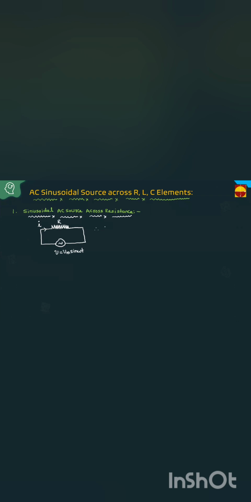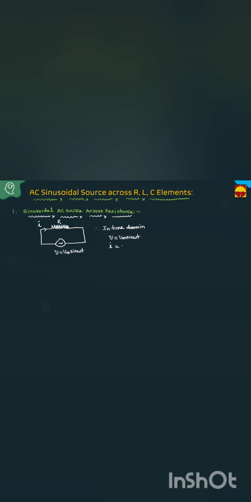First I am writing in time domain. What is the voltage? V equal to Vm sin omega t. Then what is the current?